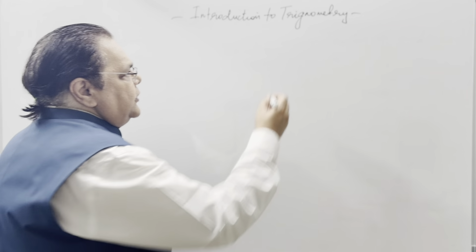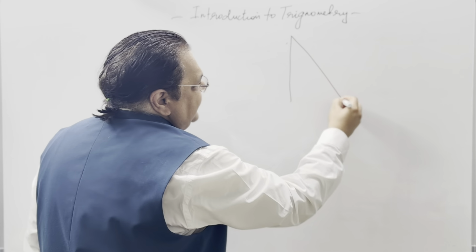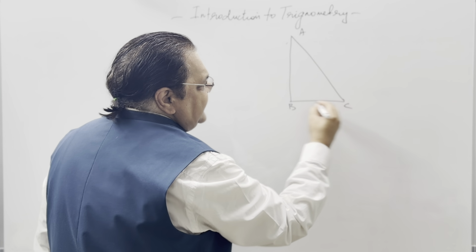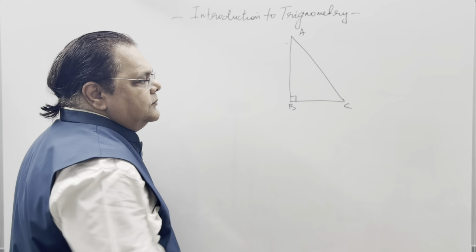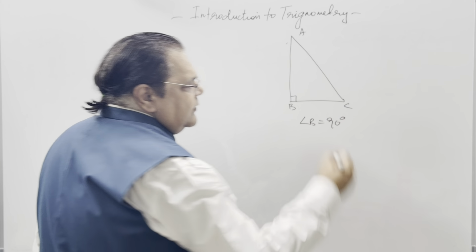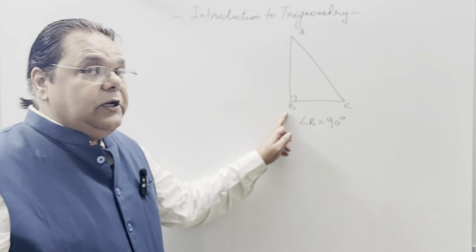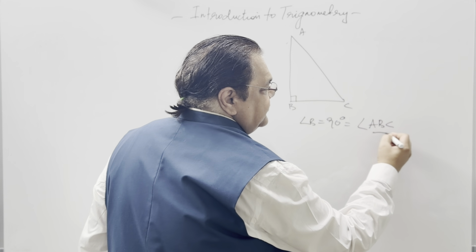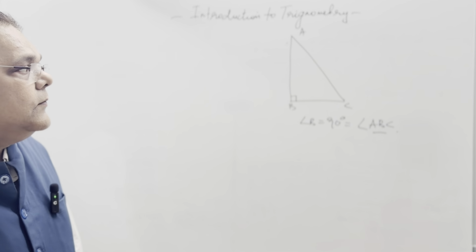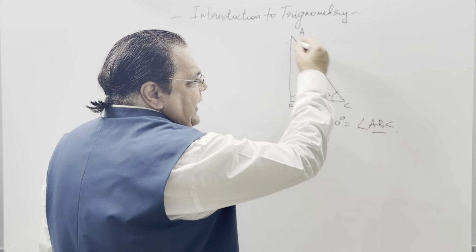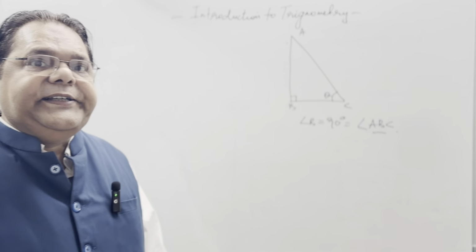So let us draw one triangle ABC, a right angle triangle. Right angle at angle B. Angle ABC, correct? So, and assume angle ACB as theta.